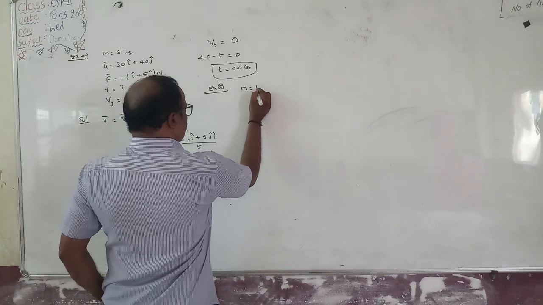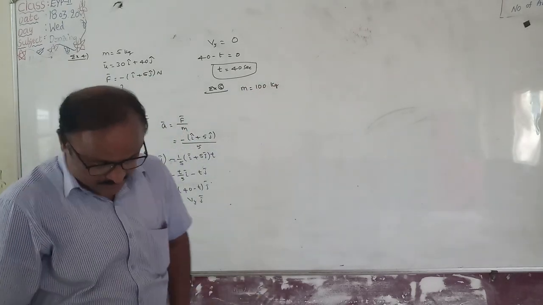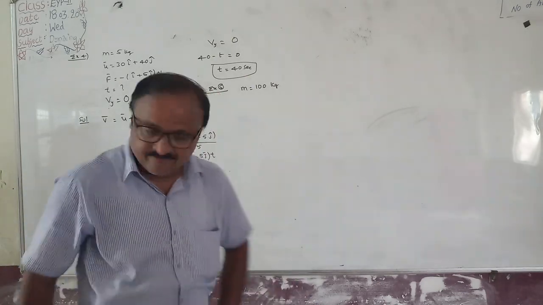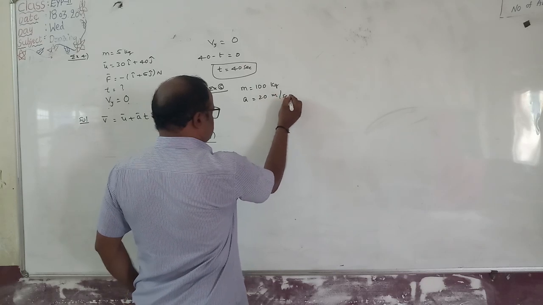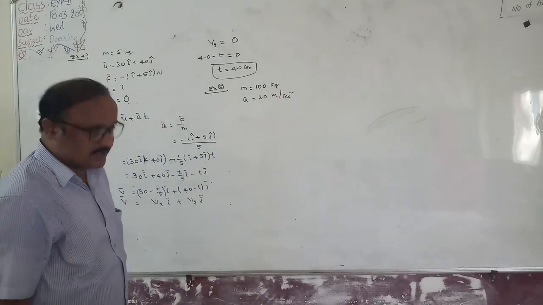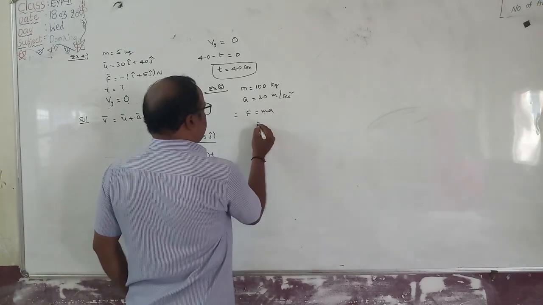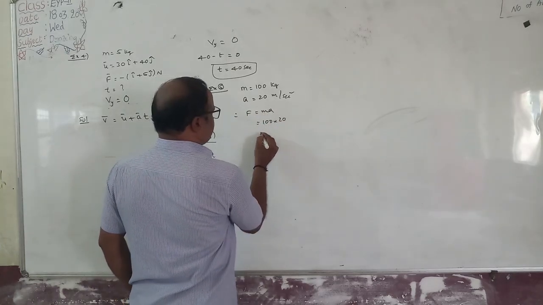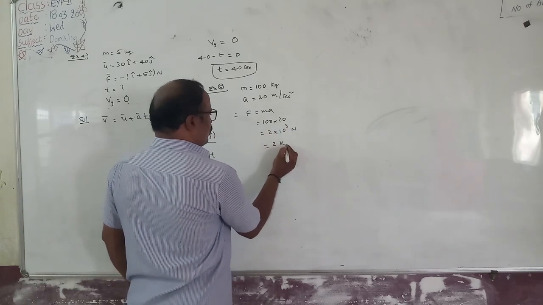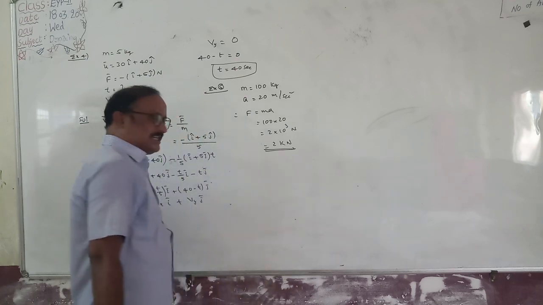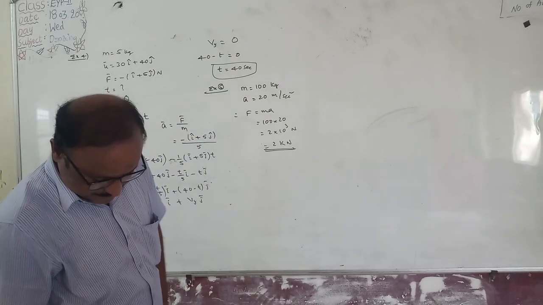Find the force. What is the formula? Force F is equal to ma, which is 100 into 20. That is equal to 2 into 10 cube Newton, or 2 kilonewton. Kilo means 10 cube. This is one of the formulas.